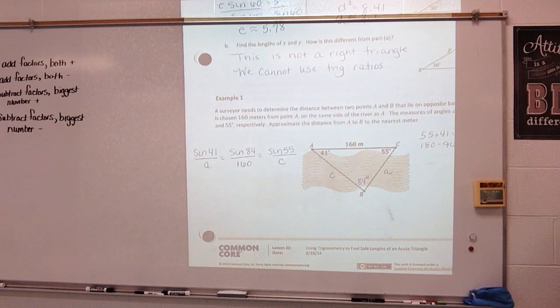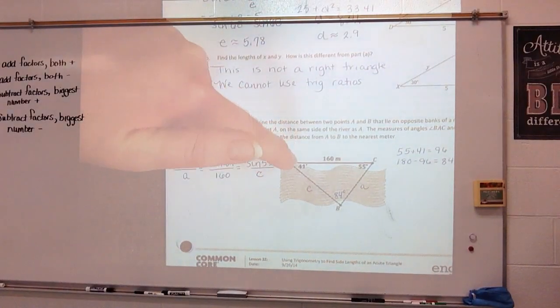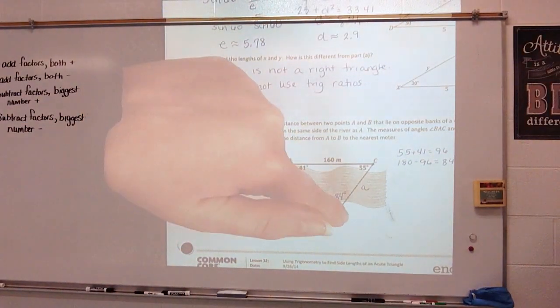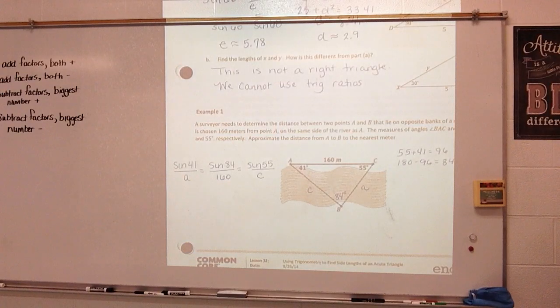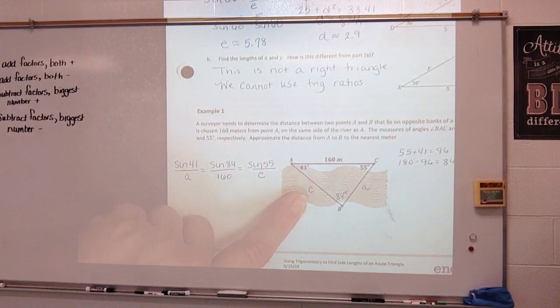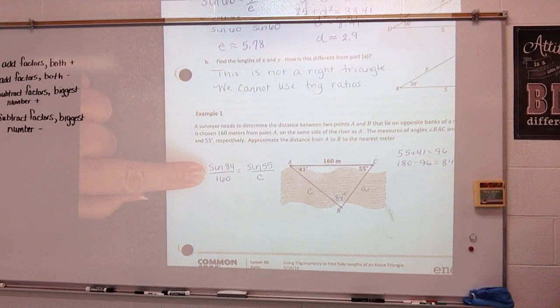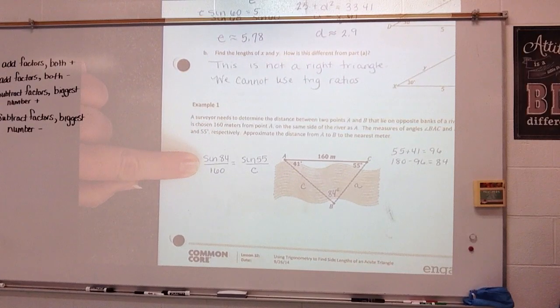Alright? So all I'm doing is using the law of sines here. Which ratios will be relevant to determining the distance from A to B? I want to know the distance from A to B. Well, that is the letter C, so I don't really need to know A. It would make sense to use these two ratios.